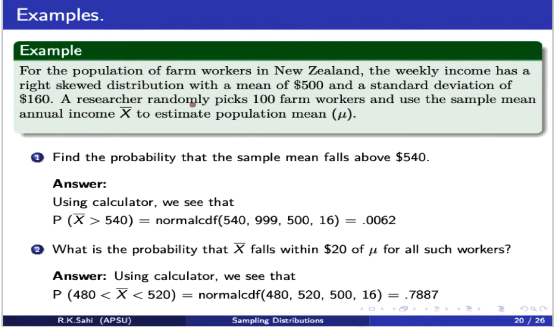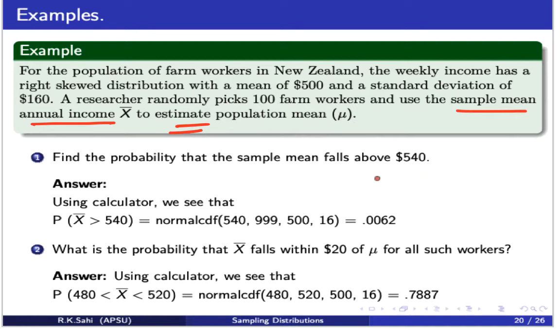A researcher randomly picks 100 farm workers, and uses the sample mean income to estimate the population mean. Okay, the question is, find the probability that the sample mean falls above $540.